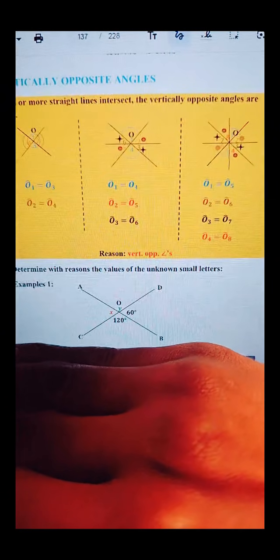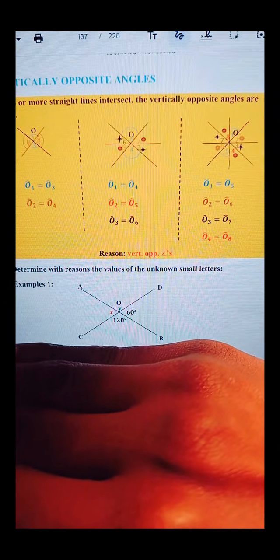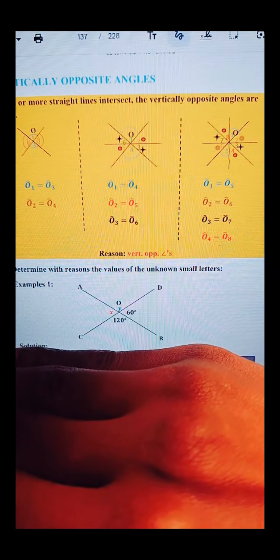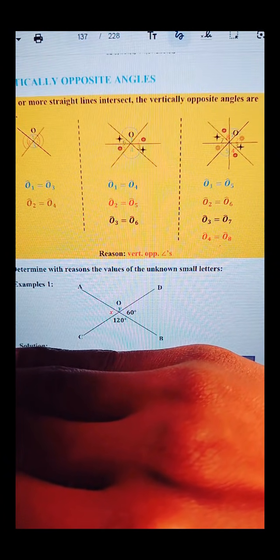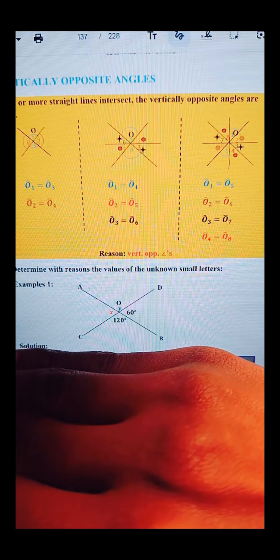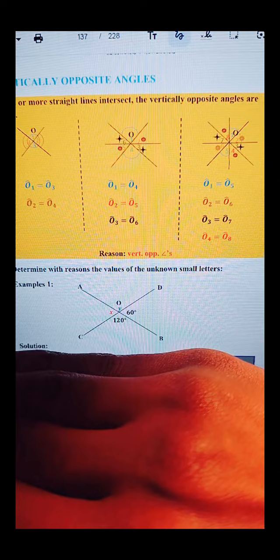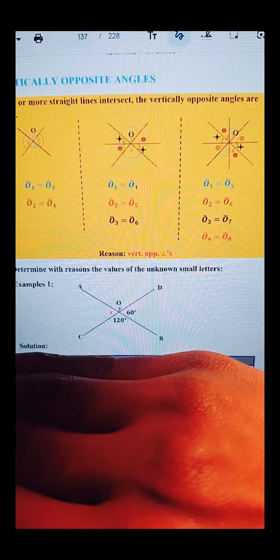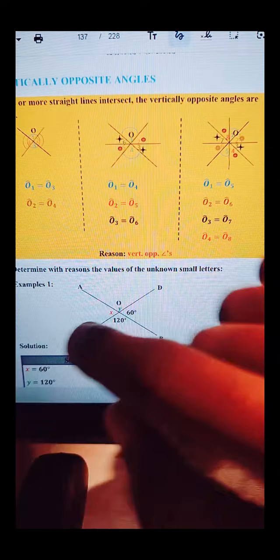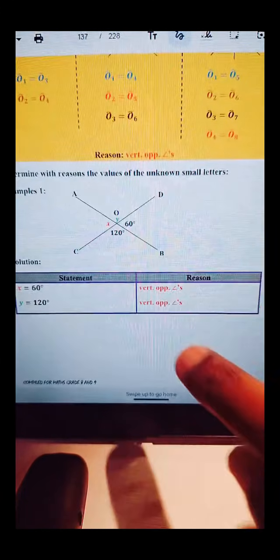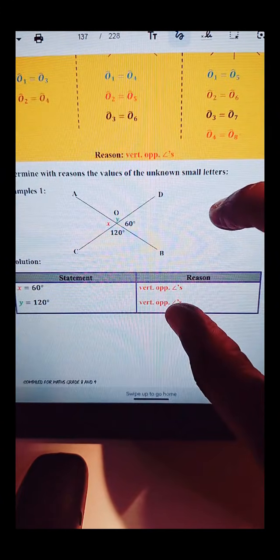Vert. op. angles for short. Ivile, you're saying y is equal to 120. What would be the reason? Why is y equal to 120? If I ask for the reason. Yes, vertically opposite angles.